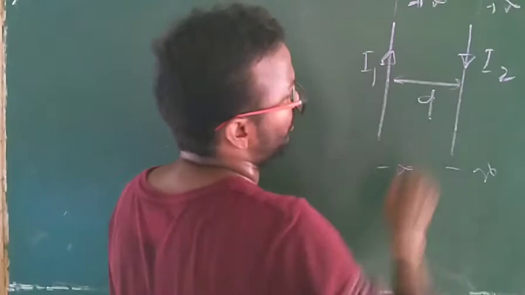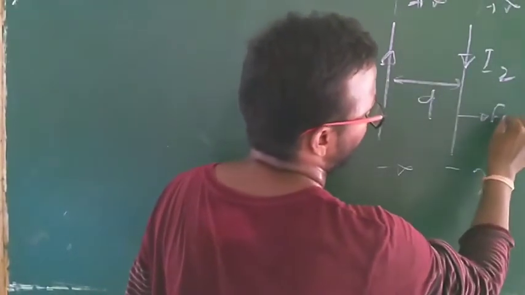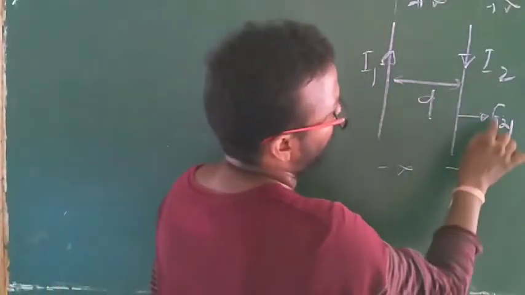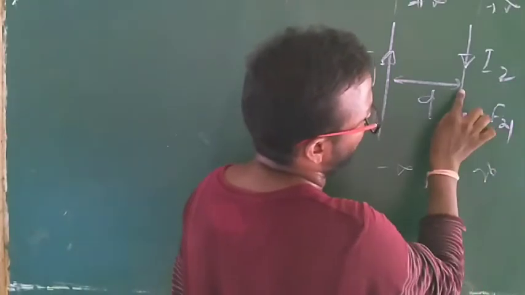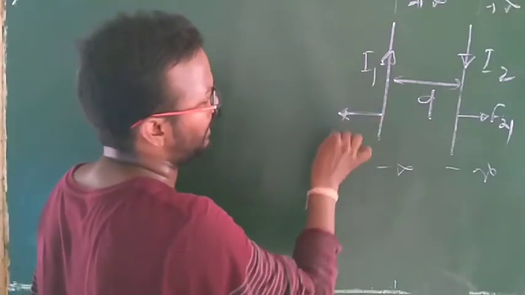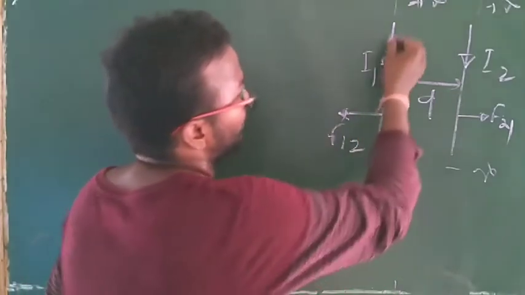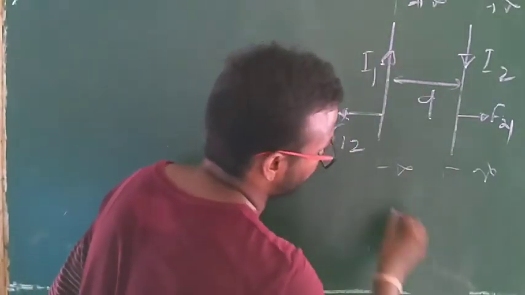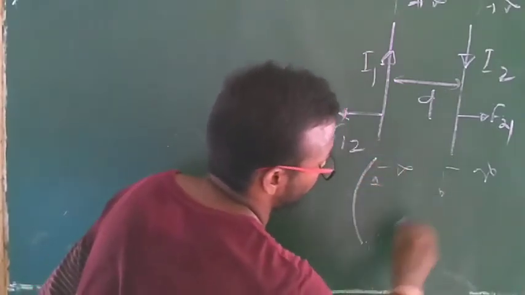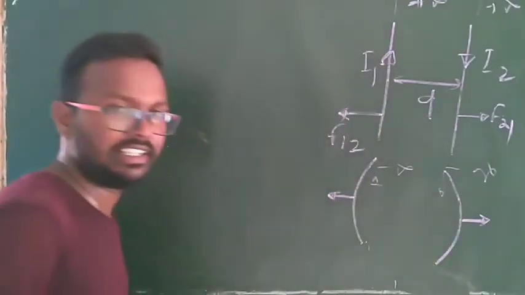I1 and I2 are opposite to each other, and the force in this direction we write as F21. Similarly, the force experienced by the first conductor due to the second is in this way. So this is the initial diagram and this is the final situation, because here the force is upward action.